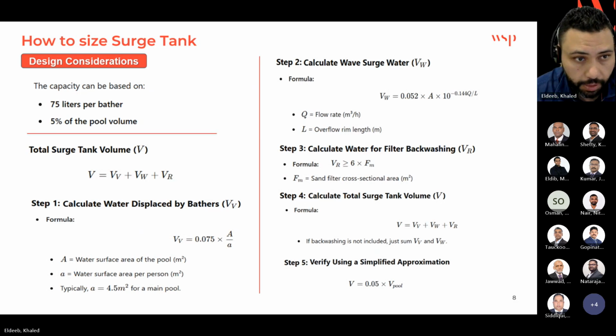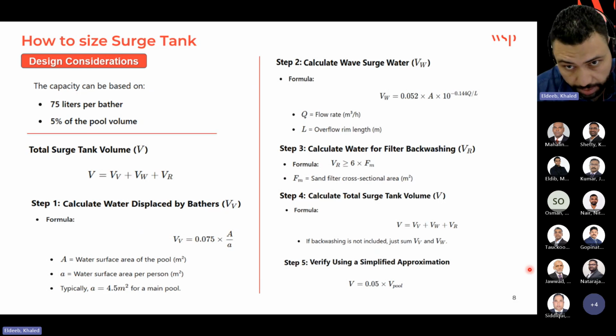Okay. So now regarding how to size the tank. The size of the surge tank depends on multiple factors, such as the pool size, number of swimmers, the wave action, and the water displacement happening by the swimmers or passers.